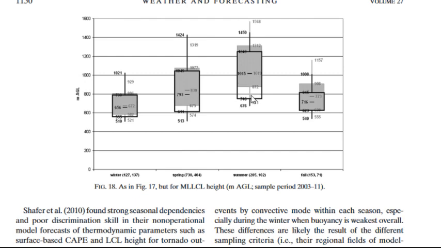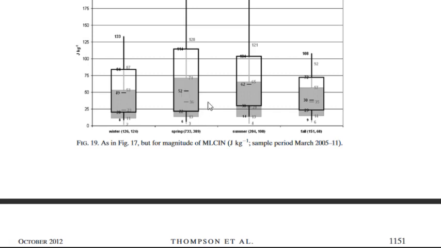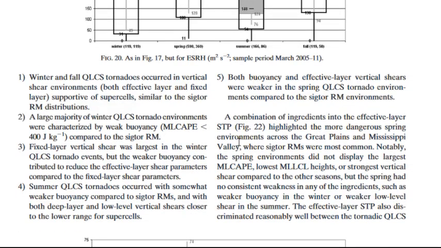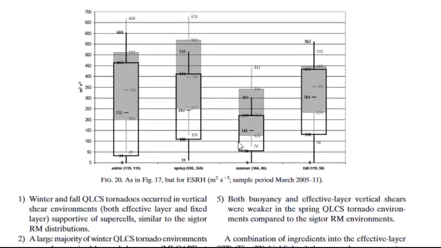So your LCL is going to be better for finding non-tornadic versus strong tornado environments, but not linear storm versus discrete right mover. Convective inhibition, nothing too significant there.